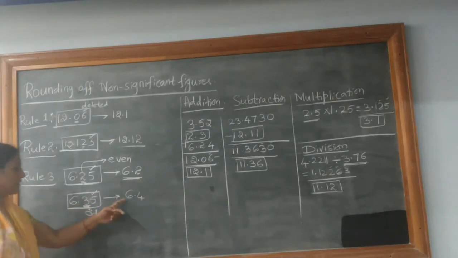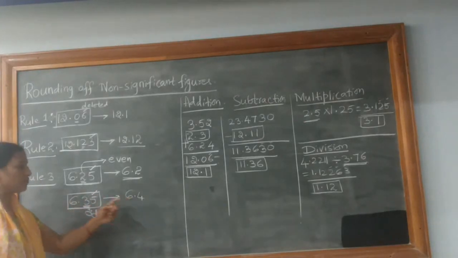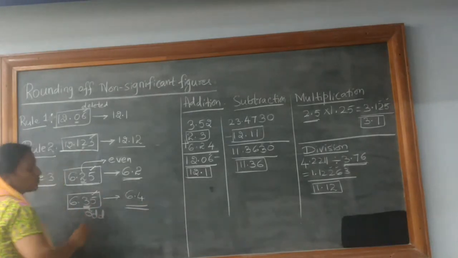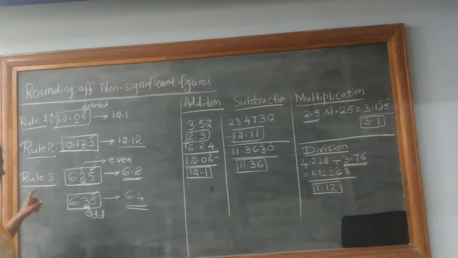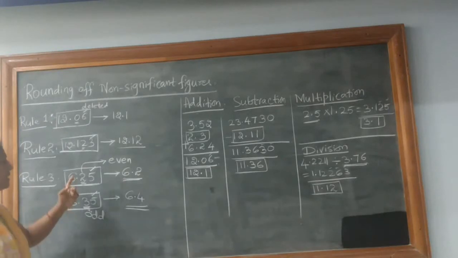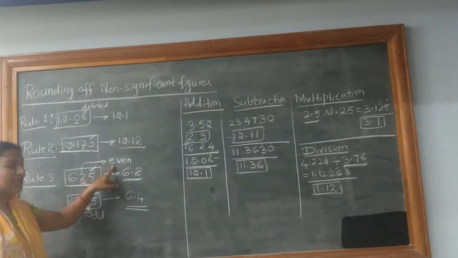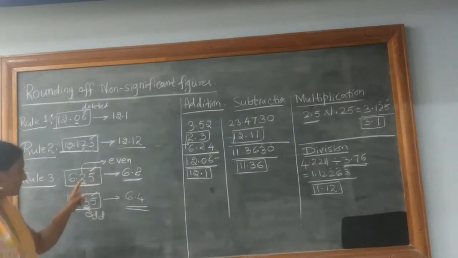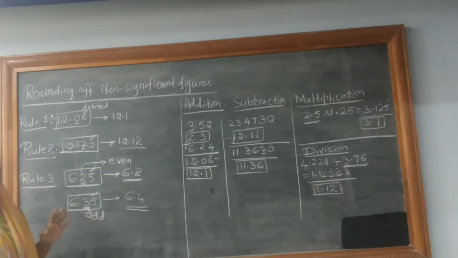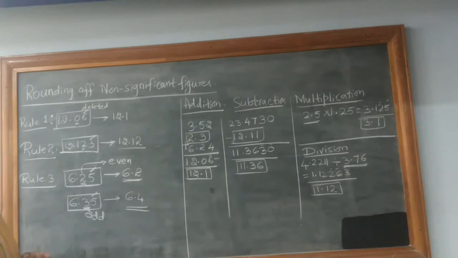So you will report the answer as 6.4. If you add 1 to 3, it becomes 4. So it will be 6.4. I'll repeat the third rule. If the digit to be dropped is 5, no change is made in the preceding digit if it is even, and plus 1 is added to the preceding digit if it is odd. This is the third rule.